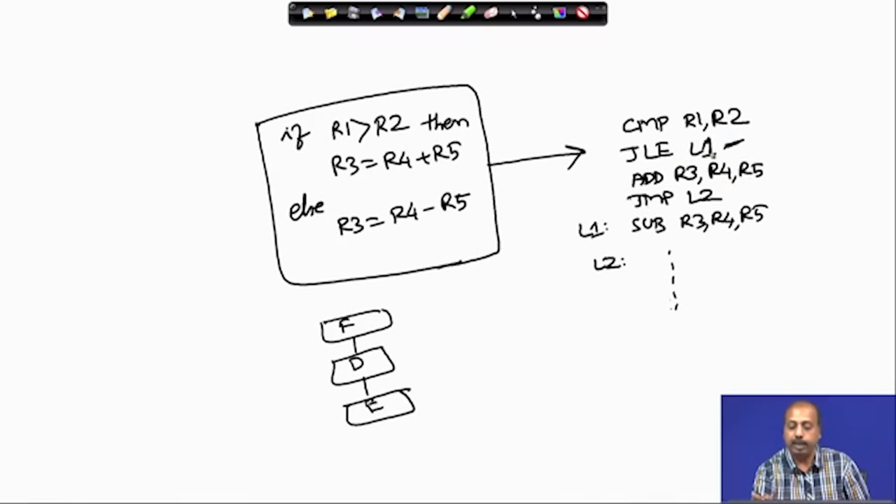But you see that until and unless this instruction's execution is over, I do not know whether the next instruction is this one or that one. So, I really cannot fetch. The pipeline has to wait till the execution of this JLE L1 instruction is over, and then only will I know the destination, and then only can the fetch operation continue. So, there is a pipeline stall.